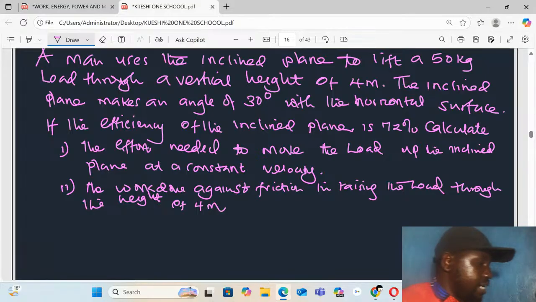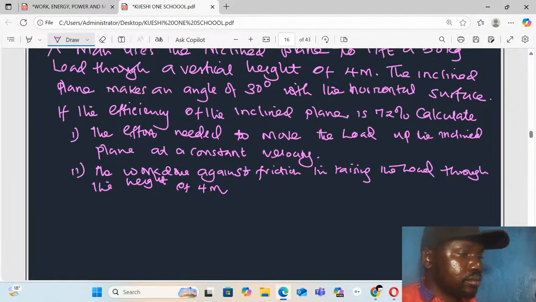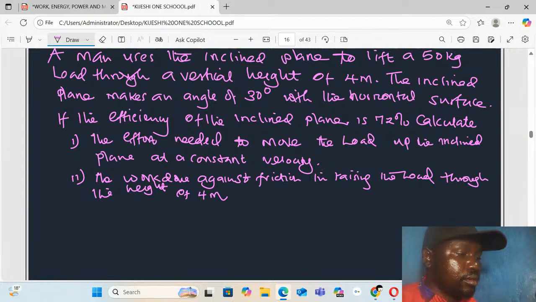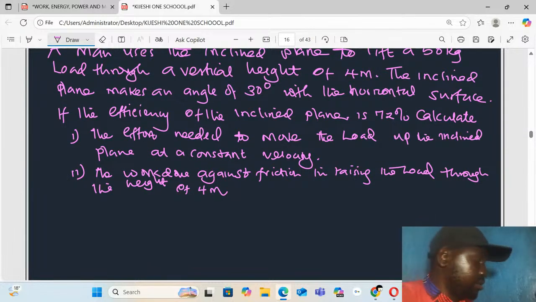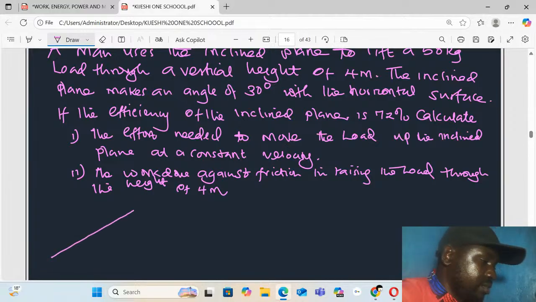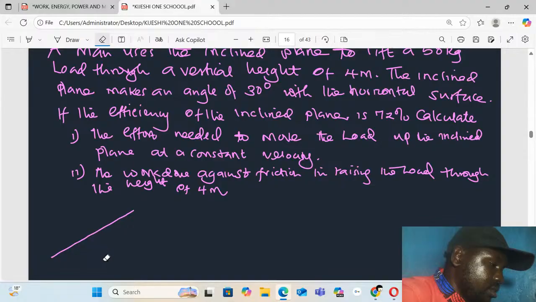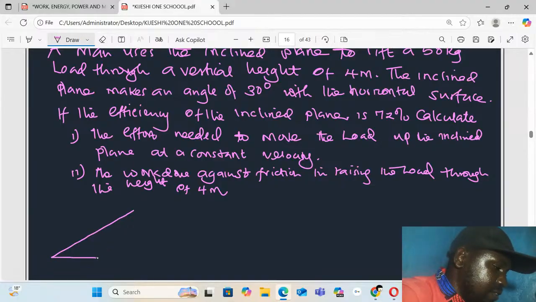So in this case, I'll draft the inclined plane for this question, because we need to interpret it. We are told that the height through which the load must be raised is 4 meters.